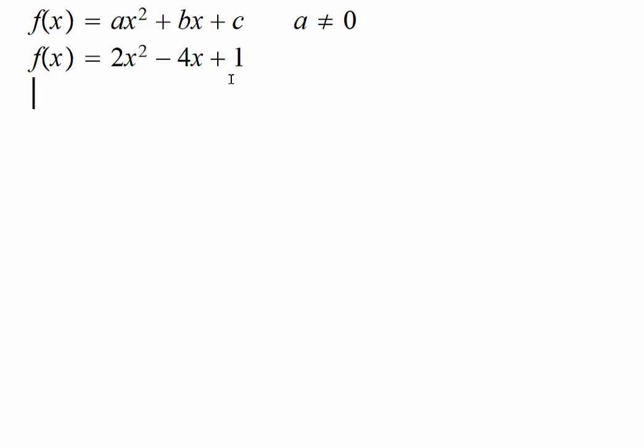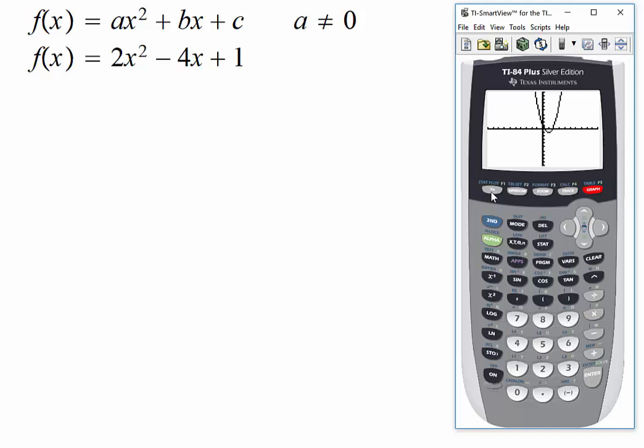First, we are going to algebraically look at the properties of this function. This function is a parabola, and you can graph it here. I already entered the expression for you, 2x squared minus 4x plus 1. If you look at a graph, this is the graph.